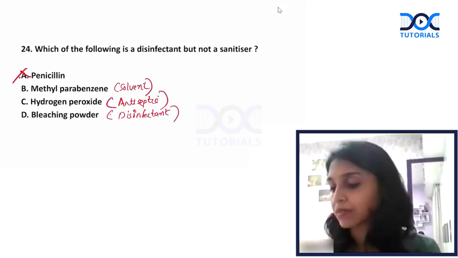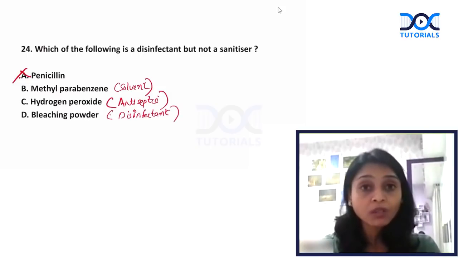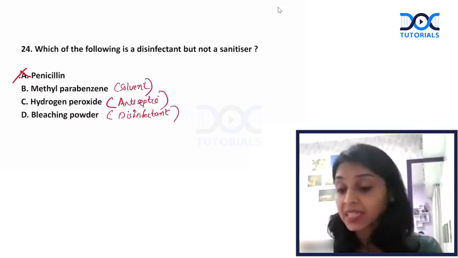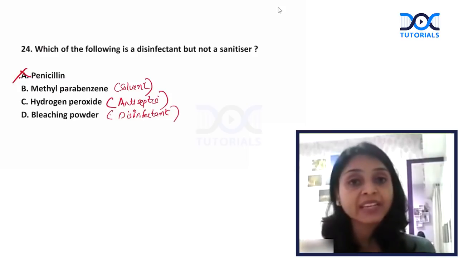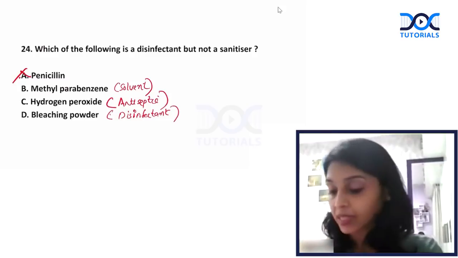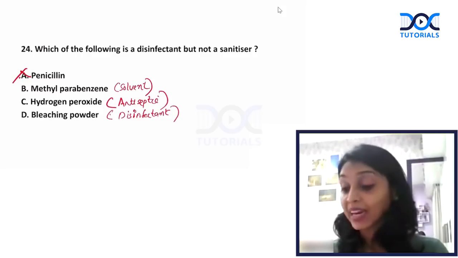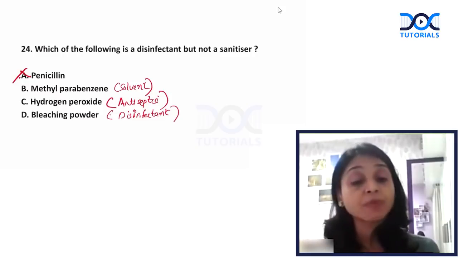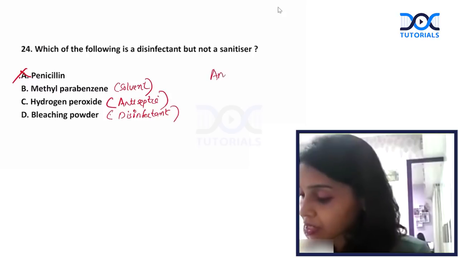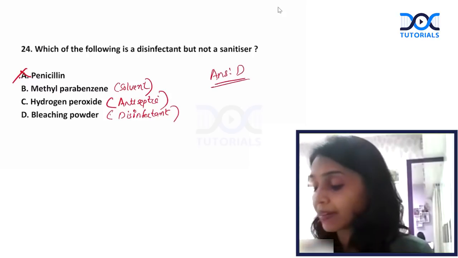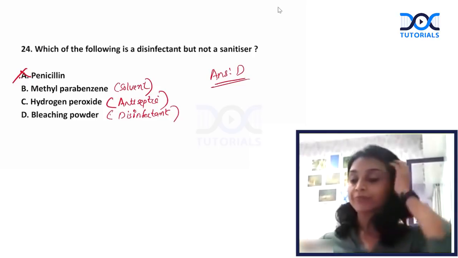See, antiseptic you apply on human skin, that means on a living body, whereas disinfectant you apply on non-living things. So bleaching powder, you don't apply on your body, right? Whereas antiseptic you apply. So hydrogen peroxide is an antiseptic. So we have only one answer. Here the answer is D. Okay, all of you have answered it correct. Very good.